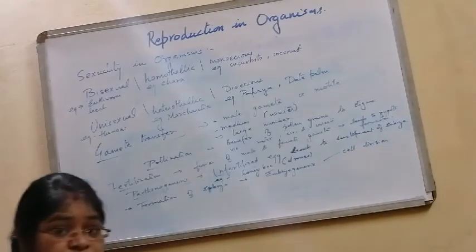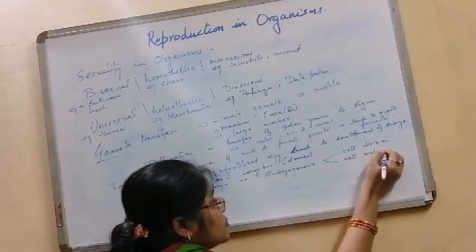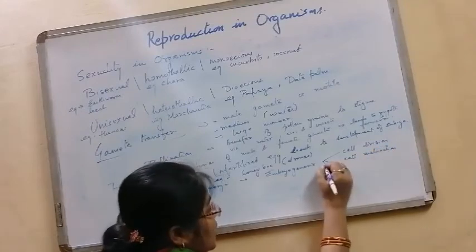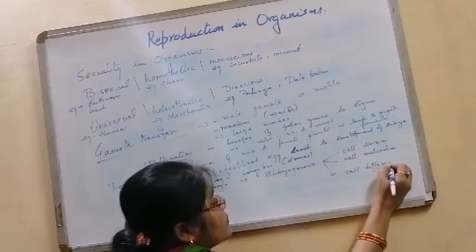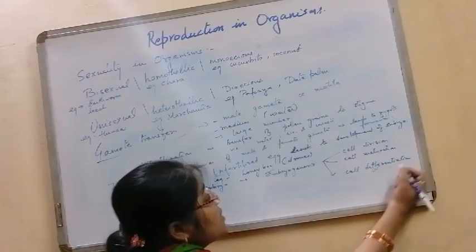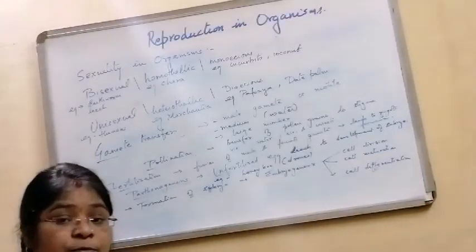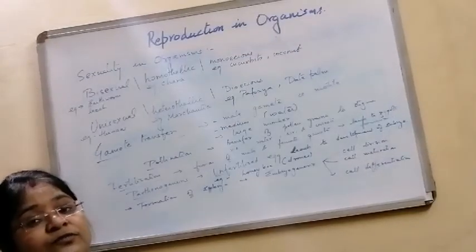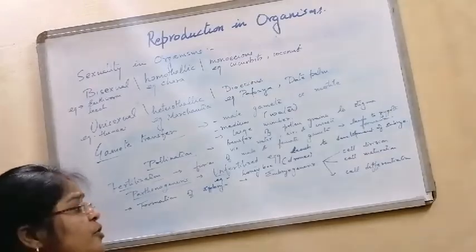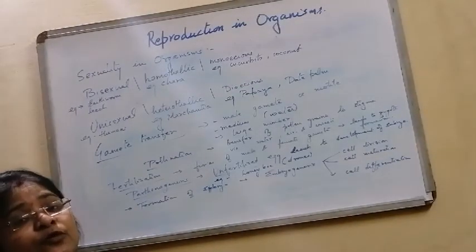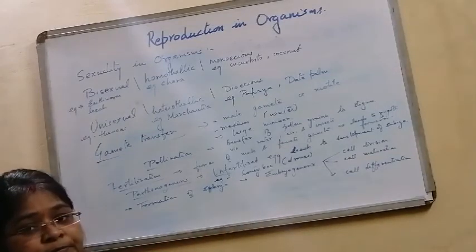Cells will divide. Then cell maturation. Cells will mature. And another important process is cell differentiation. That is, cells will differentiate. They will modify and take various shapes and form various kinds of cells of that organism's body, or different kinds of tissues will be formed due to cell differentiation, and it will give rise to the complete organism.